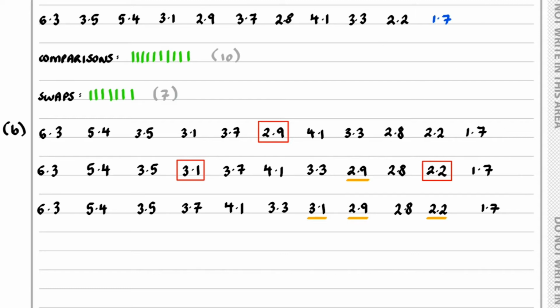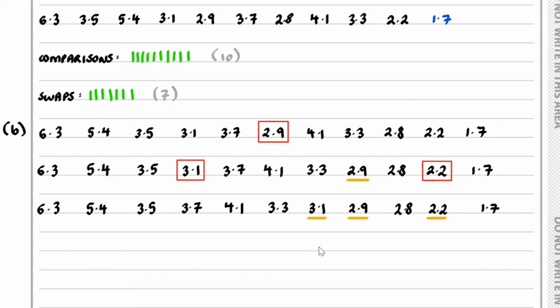Now, for the next pass, well, we need to focus on this sublist here. We don't need to consider the 2.8 and the 1.7 being pivots because they are in between two entries which have already been selected as pivots.